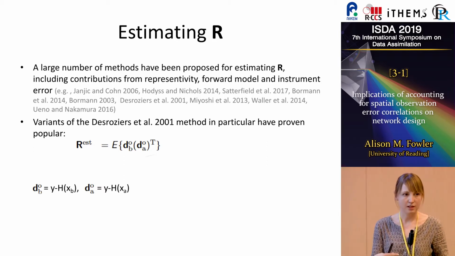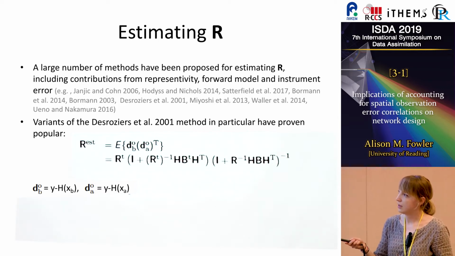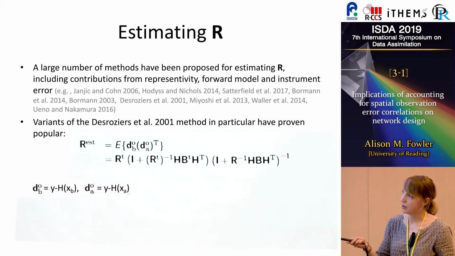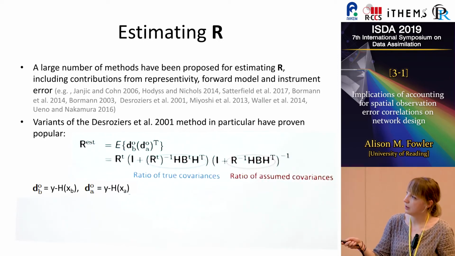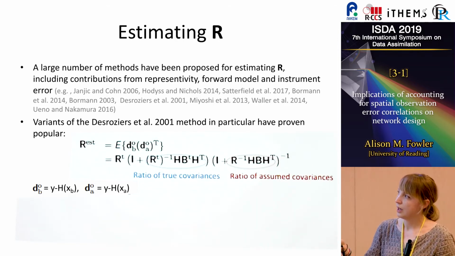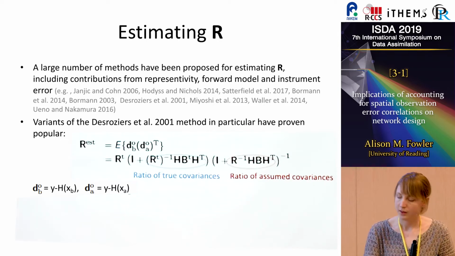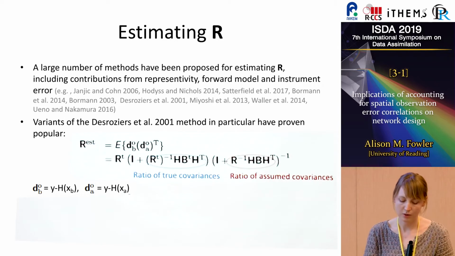If you assume that all the data is unbiased and Gaussian, then what you're actually estimating in this case is the true R covariance matrix multiplied by two terms: the ratio of the true error covariance matrices, the true R and the true B matrix representing the prior errors, and then the ratio of the assumed covariances that we're using within the assimilation. So this is only going to equal the true R if these two are equal.